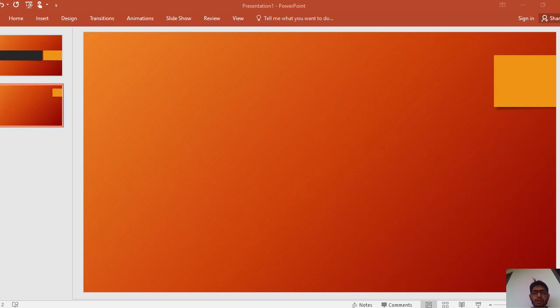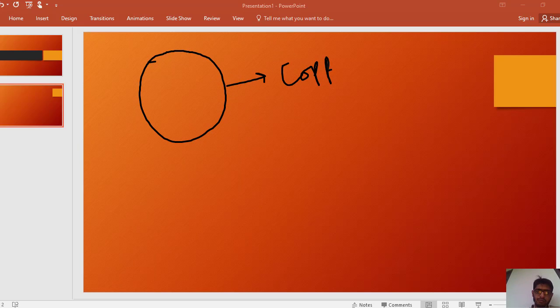Now, the lump system. Before the lump system, consider we have a copper ball. Suppose this is a copper sphere. Suppose someone studies the temperature at this point of the copper sphere, and suppose it was 60 degrees Celsius.